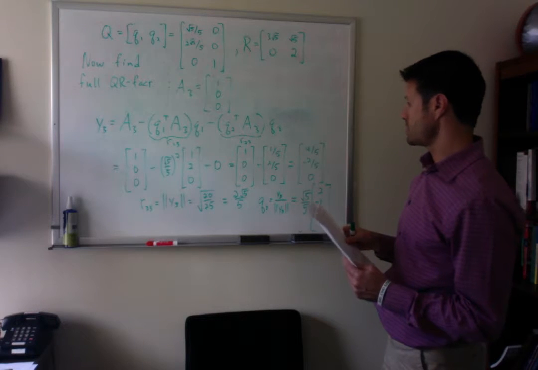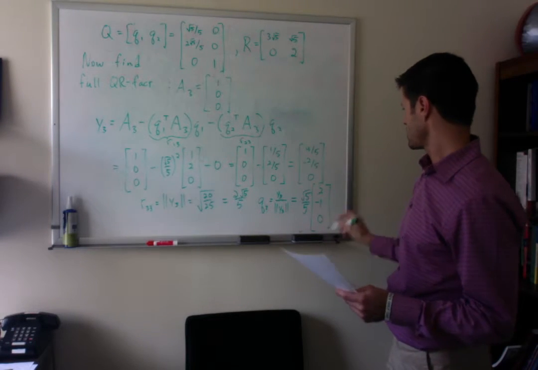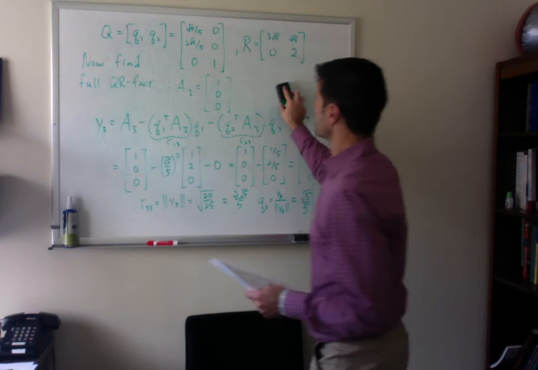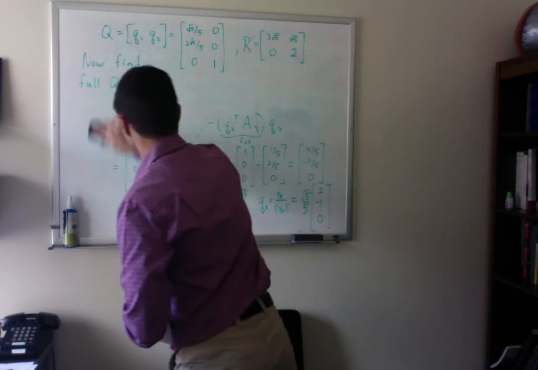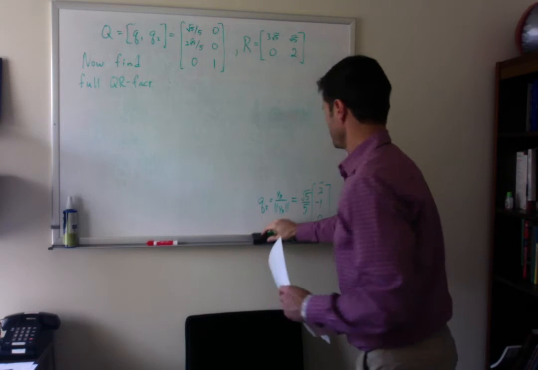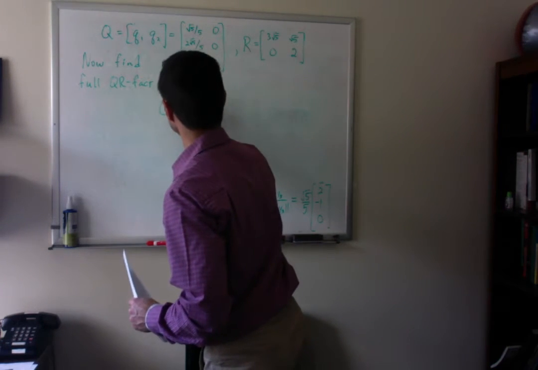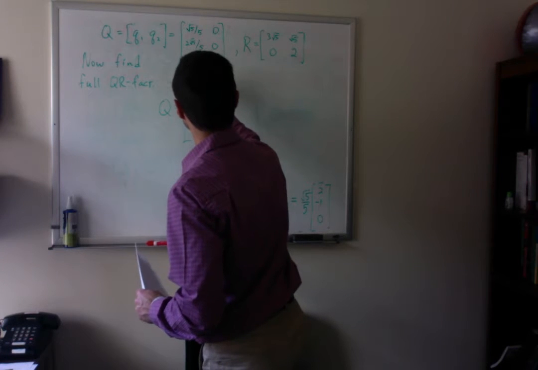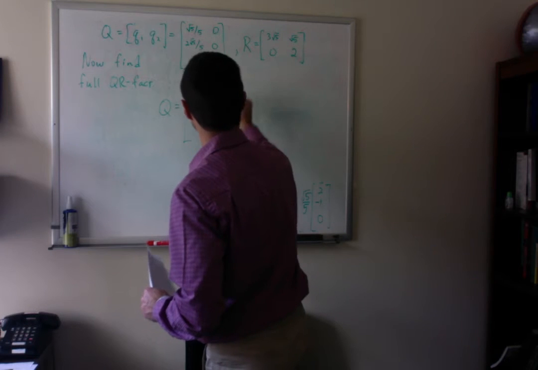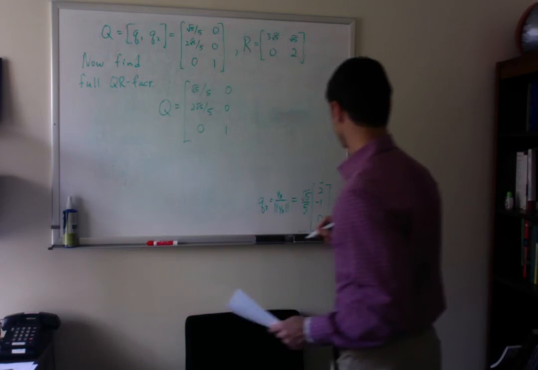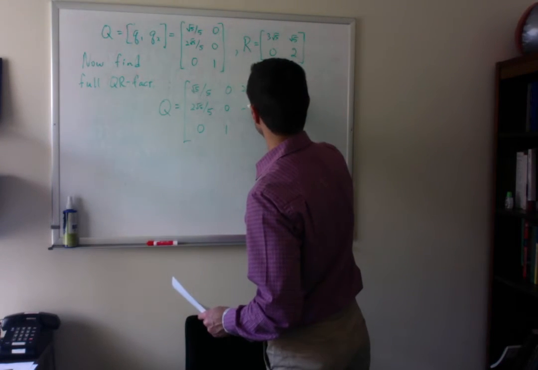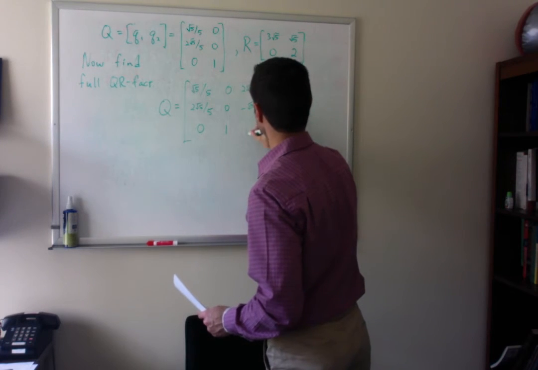So for our full factorization, I'll leave Q3 on the board so you can remember what it is. Our full factorization is Q equals root 5 over 5, 2 root 5 over 5, 0, 0, 0, 1, and then 2 root 5 over 5, minus root 5 over 5, and 0.